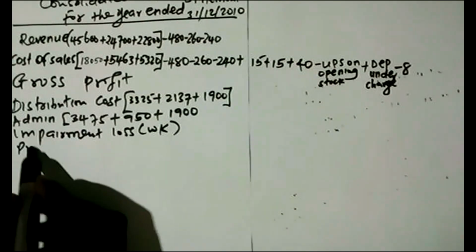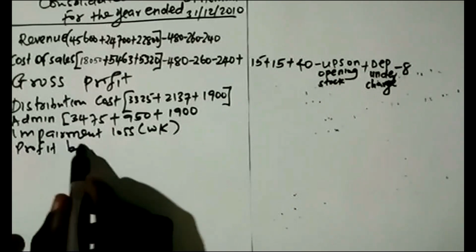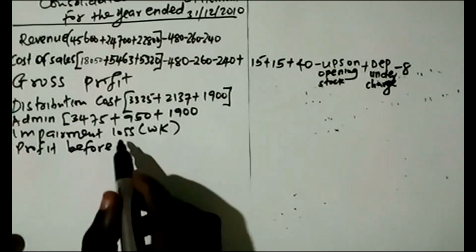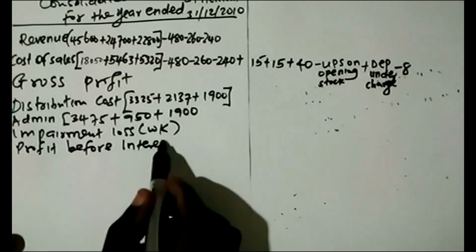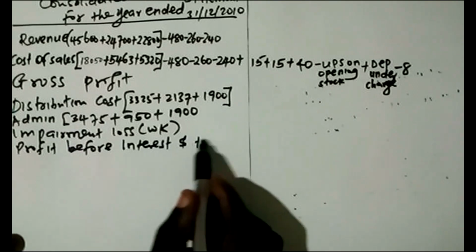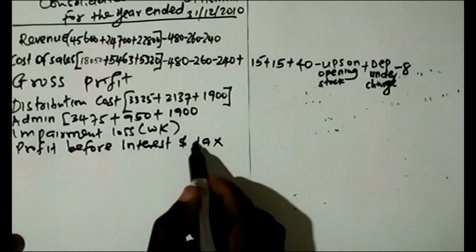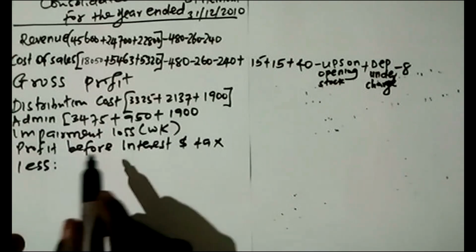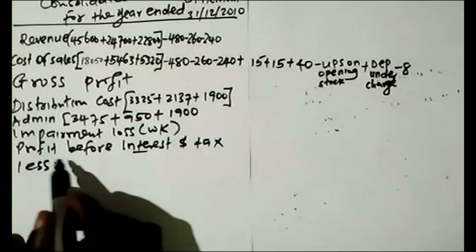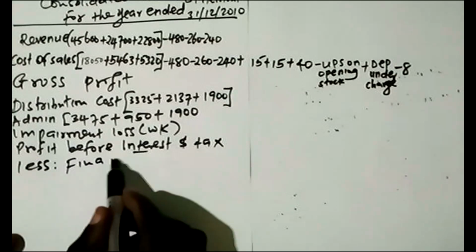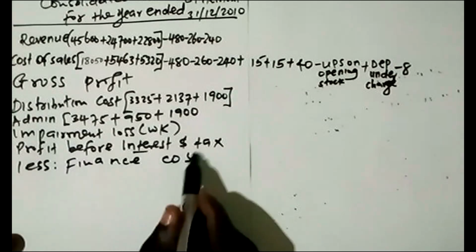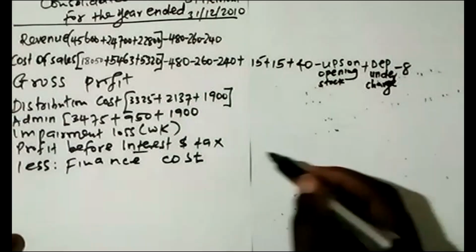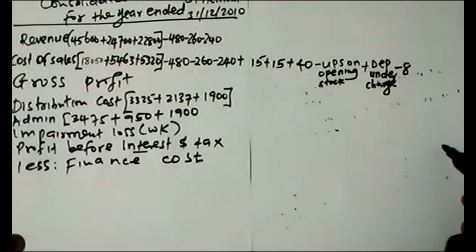Then I will say profit before interest and tax, so that I will be capable of subtracting the interest. Interest now is the finance cost. So the finance cost here, I need to put it at the far end there, 325.